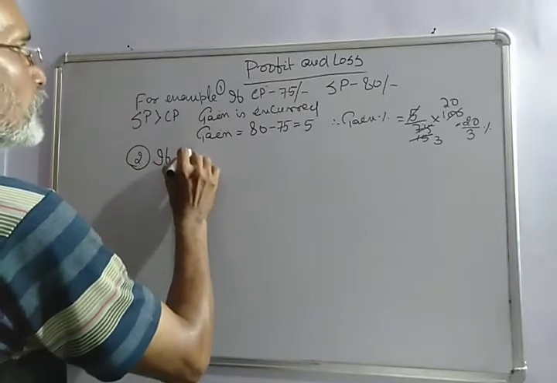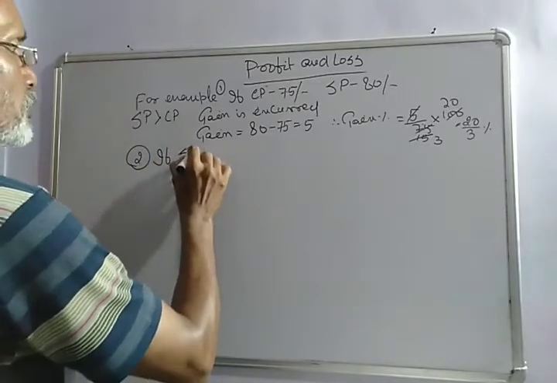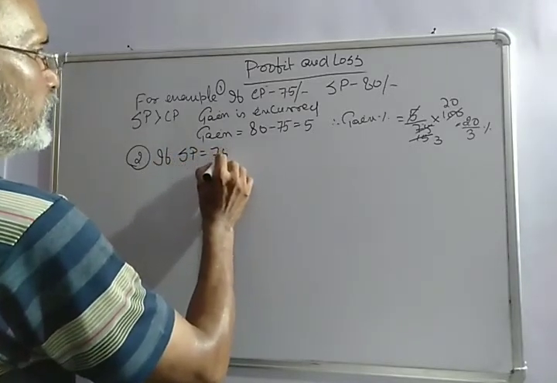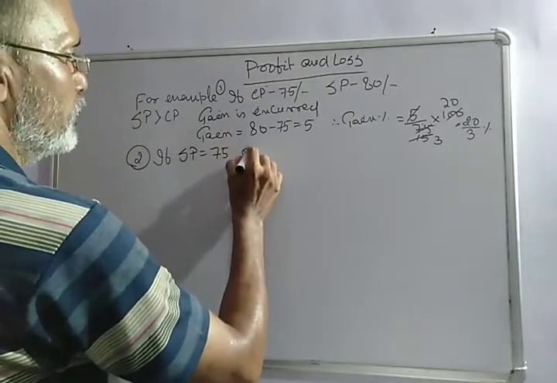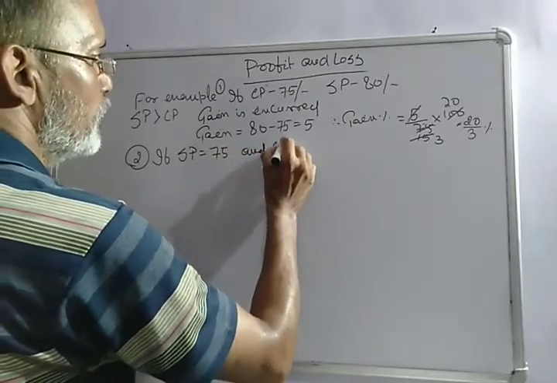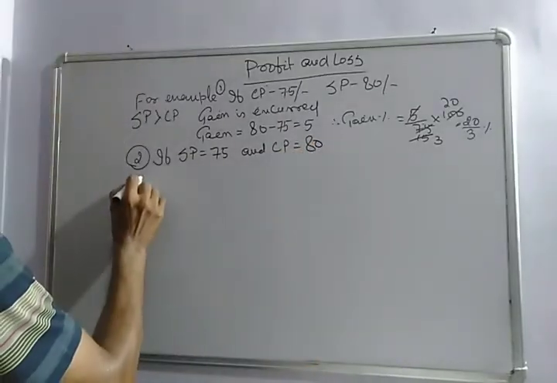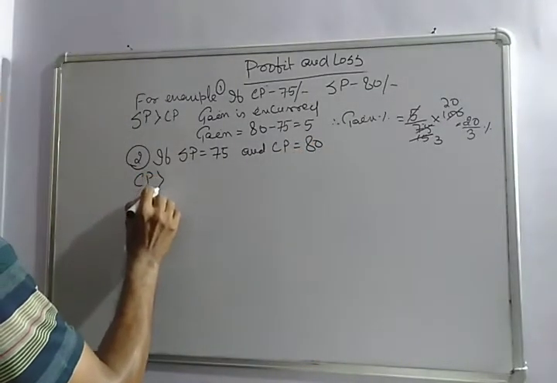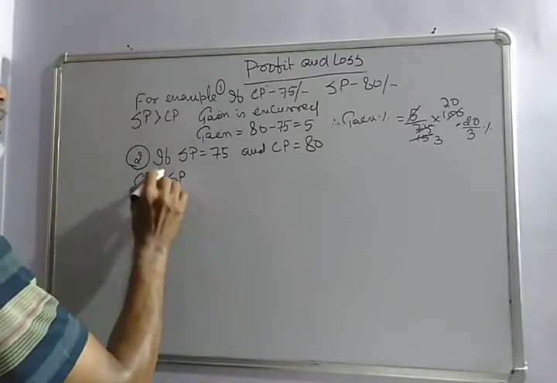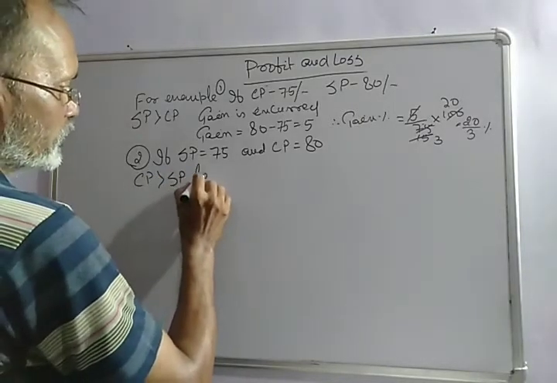SP is equal to 75 and CP is equal to 80. So here CP is greater than SP. Therefore, loss is incurred.